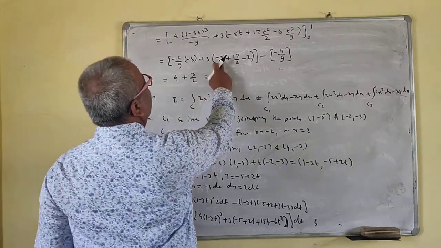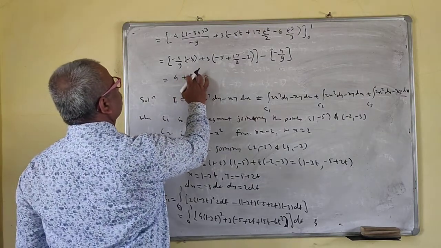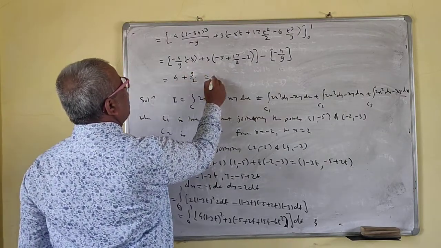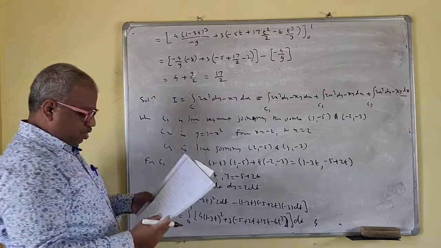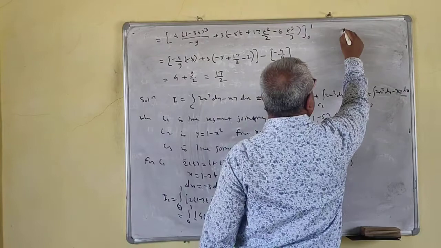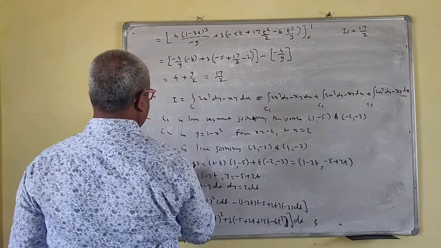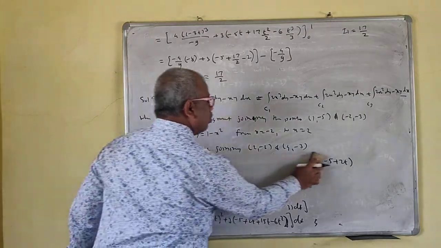Minus 14 plus 17 is 3. So this is 9 by 2, this is 8, means this is 17 by 2. Okay, so your I1 is 17 by 2. Now we'll go for C2 now.